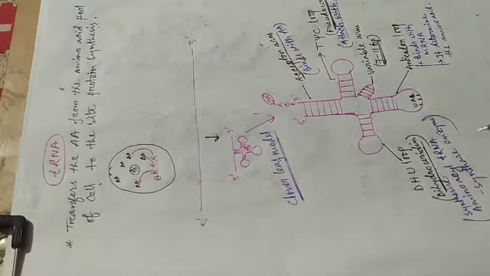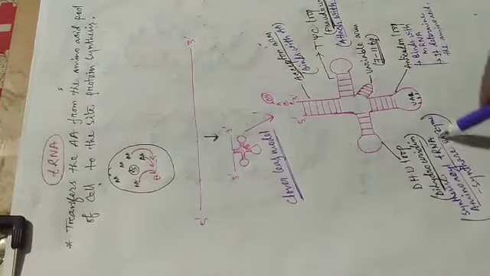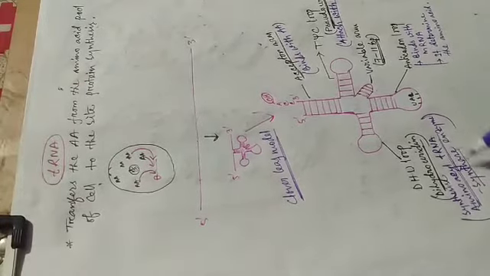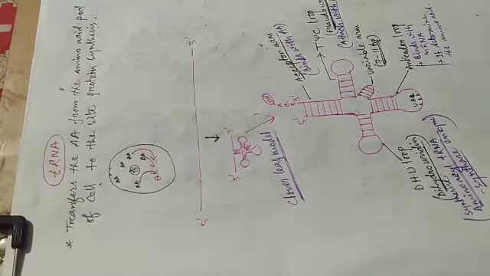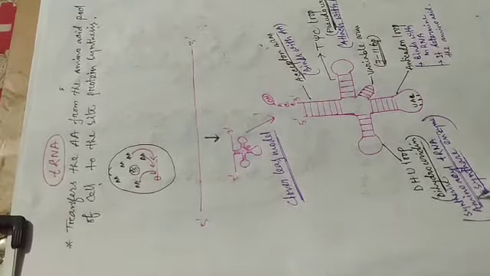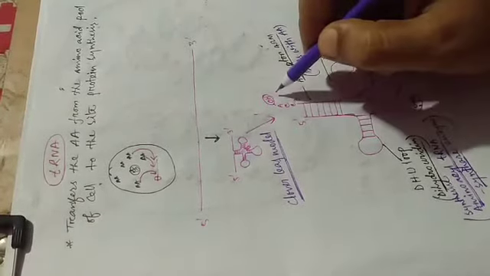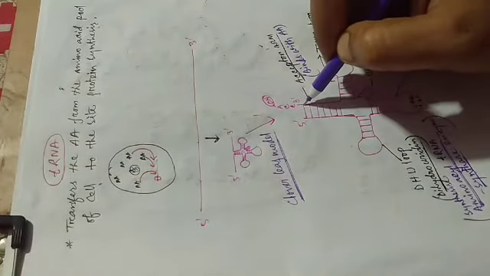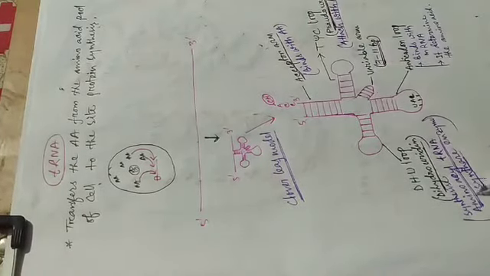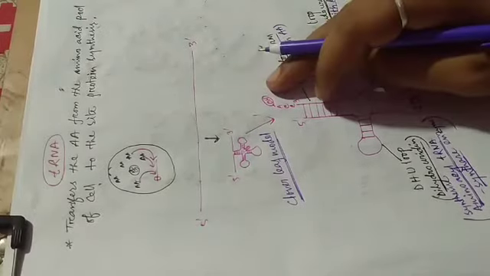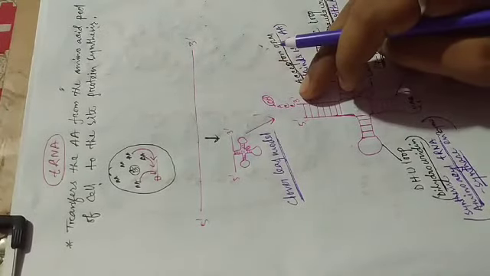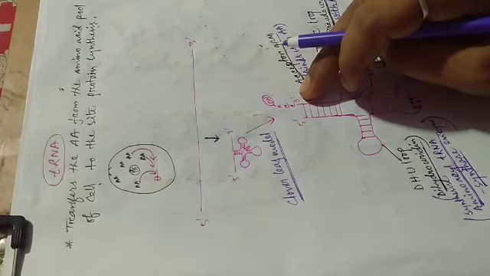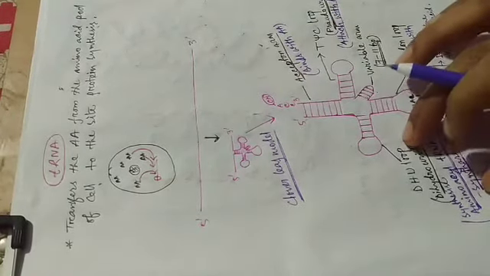The enzyme named aminoacyl tRNA synthase is synthesized by the DHU loop. What is the function of this enzyme? This enzyme helps to bind the amino acid with the tRNA. Without this enzyme, an amino acid does not attach to the tRNA. So that is the function of the DHU loop.